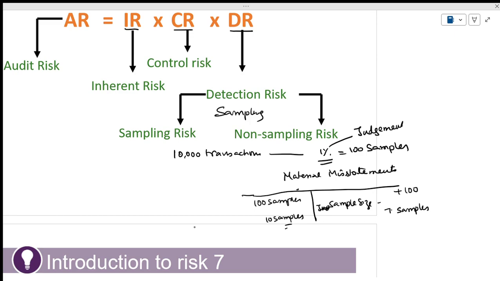This is what it says: detection risk is nothing but the sampling risk. How we are going to select the sample, and on what basis we are going to make the judgment on the sample. Something will be with respect to sampling risk, and something with respect to non-sampling risk.